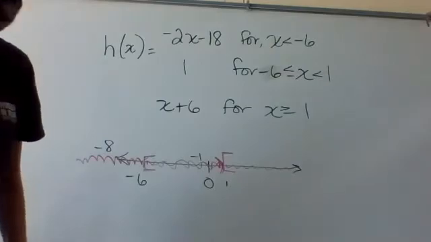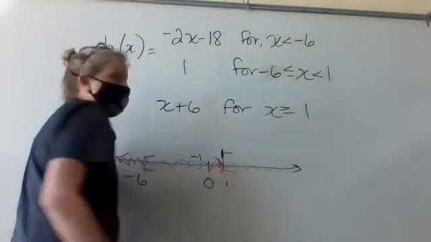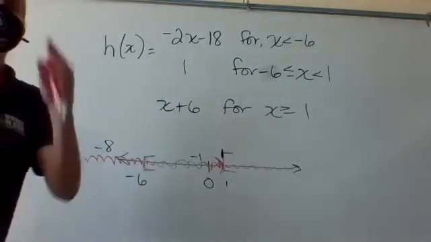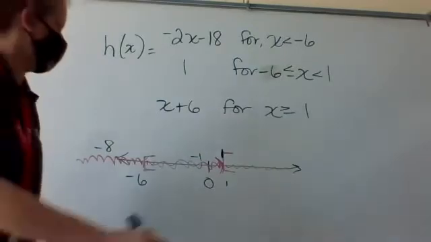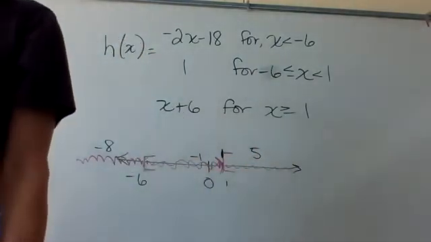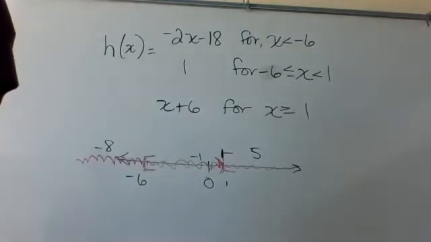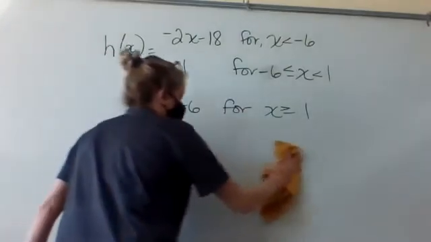It's going to want us to find h of 1. So 1, this is the one where we're going to have to find the equal to 1, right? Because that's like the border of one of the pieces. And h of 5. So those are my 4 numbers that I'm going to find, and the pieces that they're going to go in. So let's do negative 8 first.